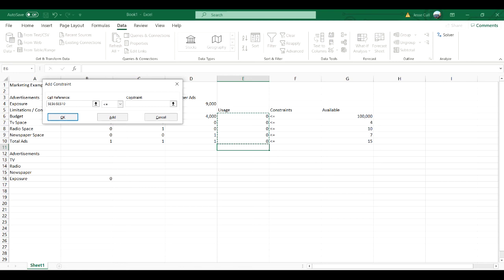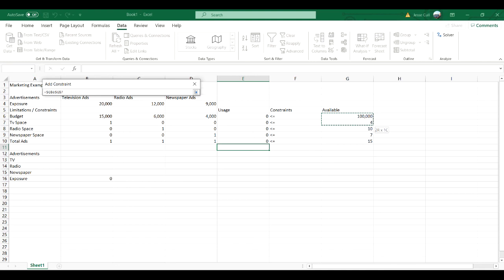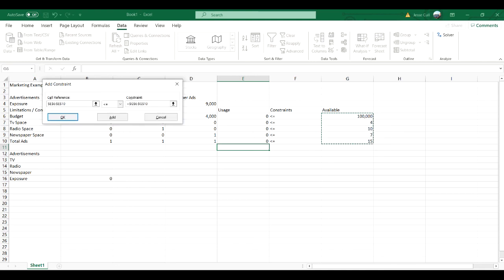Because they're all the same, we don't have to enter them individually. All of those E6, E7, E8, E9, E10 must be less than or equal to G6, 7, 8, 9, and 10.